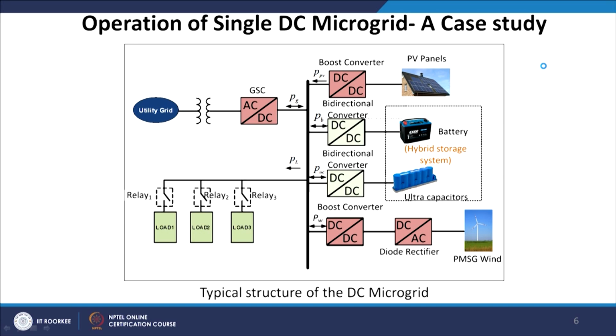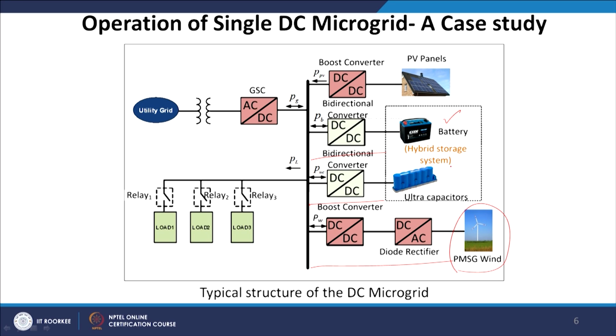Now, this is a typical structure of a DC microgrid, and I will show you at a later stage how this experimentation works. So, this typical structure has a PMSG wind turbine connected to my DC grid, ultra capacitor connected to my DC grid, and a hybrid energy storage system, both battery and ultra capacitor, connected to my DC grid.